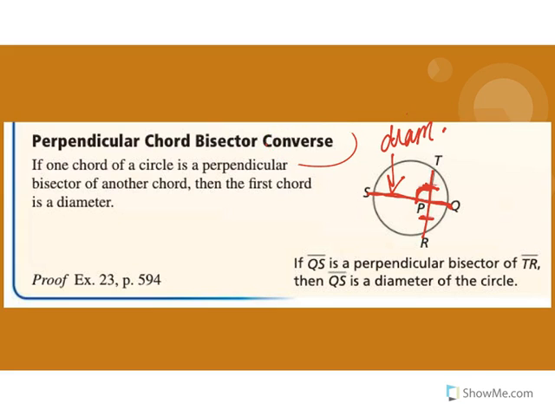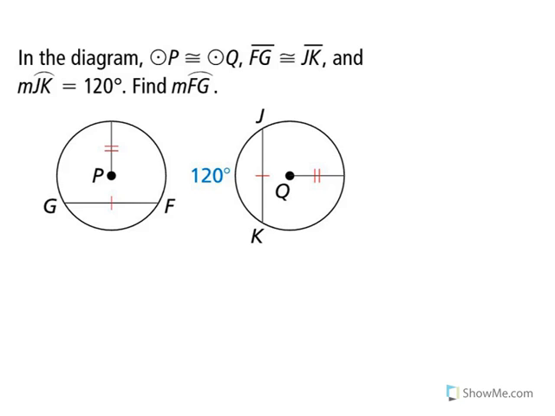So pause and write it down. And then, it's backwards. If you have two chords that intersect, and this chord has two congruent parts, and the two chords are perpendicular, then that chord is a diameter. Pause, write it down, I'll move it on.